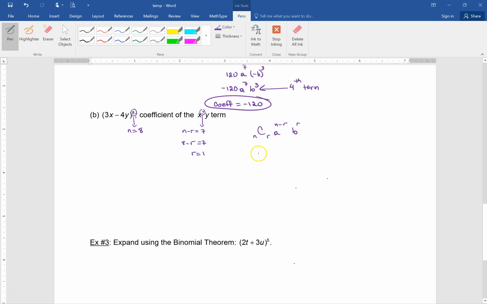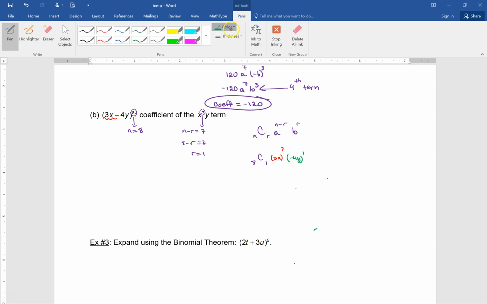So now, this will be C(8, 1). Now, what is A in this problem? A is the 3x. What's the exponent of the 3x going to be? It's n minus r, so it's how much? 7. B to the power, B is how much? Negative 4y to the power of 1.